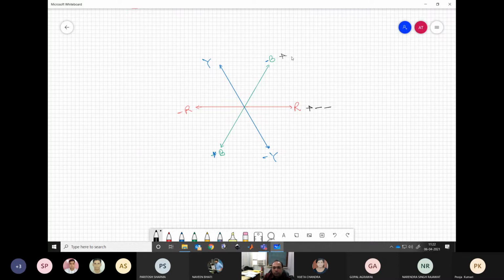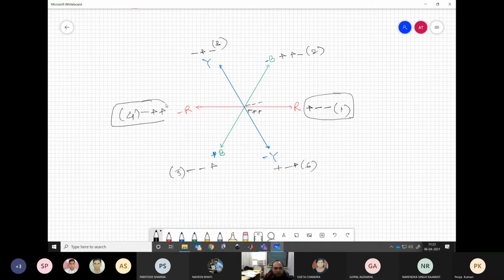Let's say we now have states defined like this, and then we have minus, minus, minus and plus, plus, plus over here. So we can name these also in this order. Now, if you see state 1 and state 4, these two are 180 degrees apart.